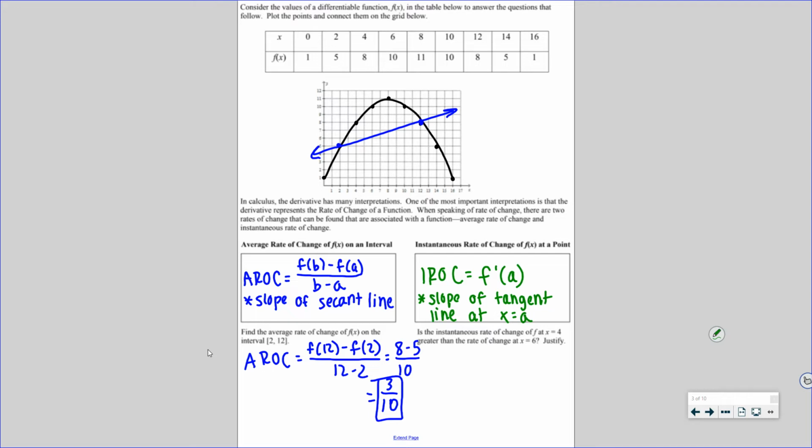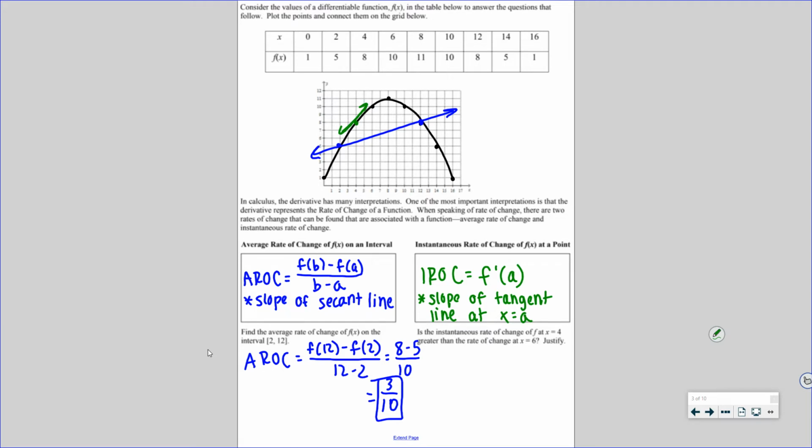So their example question for this one is: is the instantaneous rate of change of f at x equals 4 greater than the rate of change at x equals 6? So if I were to look at my graph here and try my best to draw a tangent line at x equals 4, it would look something like this.